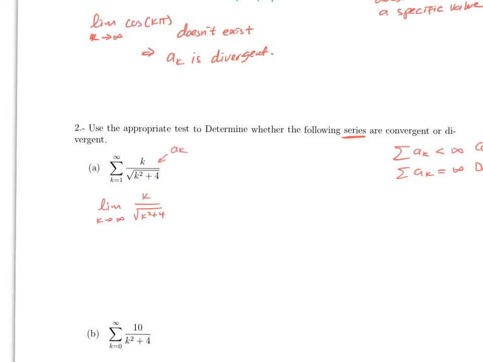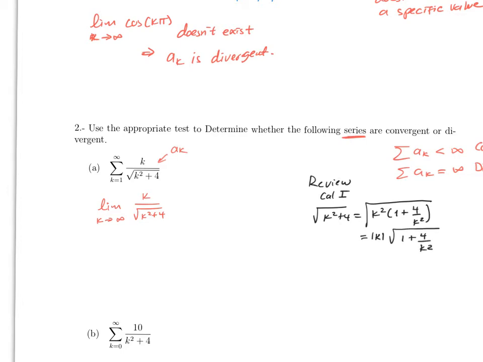Notice, and again, this is just a review from calculus 1, that k squared plus 4 is the same thing as k squared times (1 plus 4 over k squared). So you take the square root, and this will just give you the absolute value of k times the square root of 1 plus 4 over k squared.